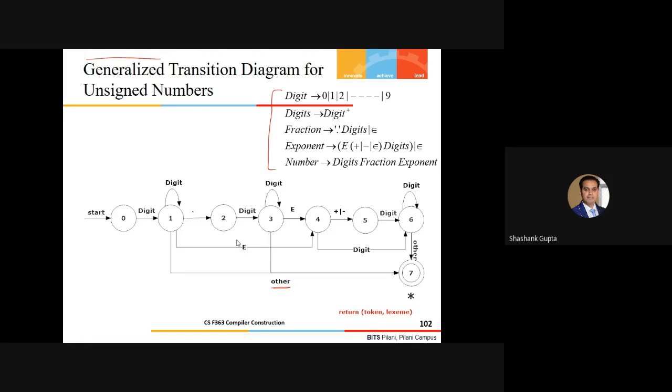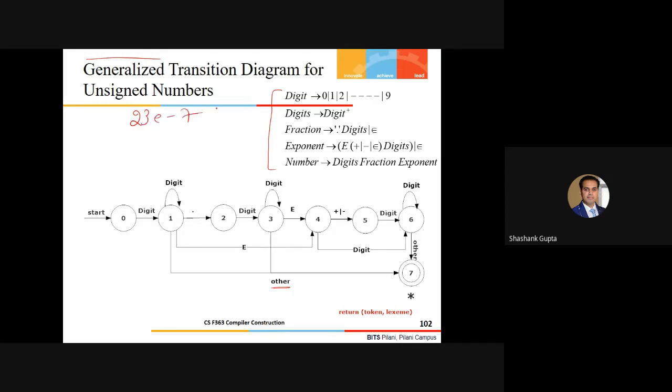That's absolutely correct. Now, if I'm assuming that I have to take that fractional part, I'll go from state 1 to state 2 here. And after that, again, there is a compulsion that it has to be followed by any number of digits. So that's why we have taken this digit part. And after that, any number of digits here. Fine. Now, again, if I go back to the state 1, it is quite possible that my unsigned number is like this, 23, and I'm simply ignoring the fractional part.